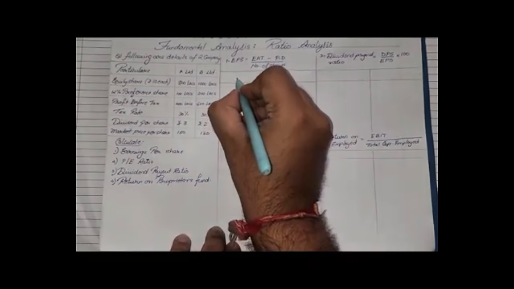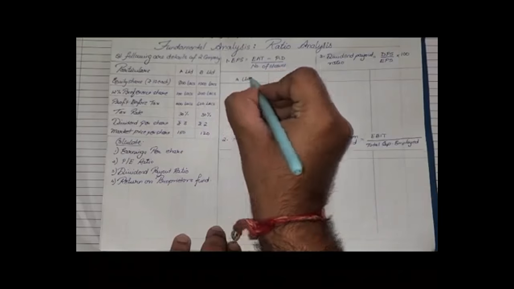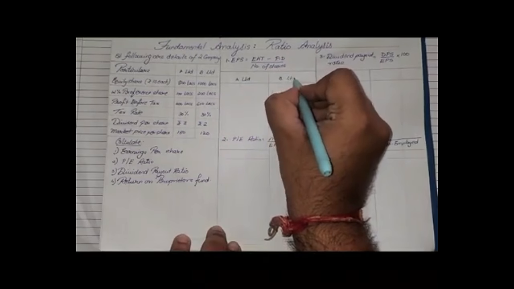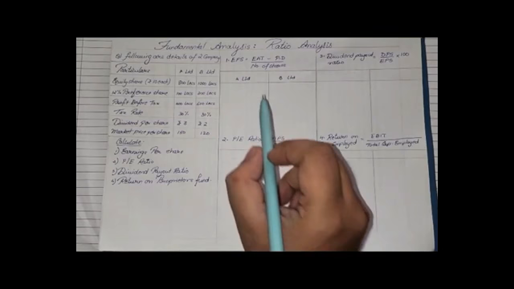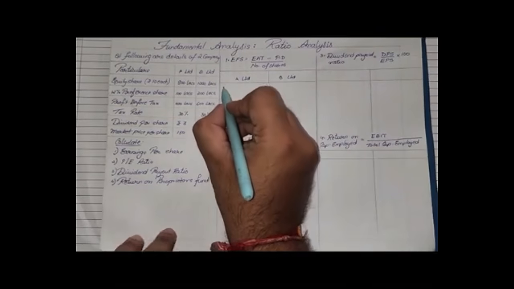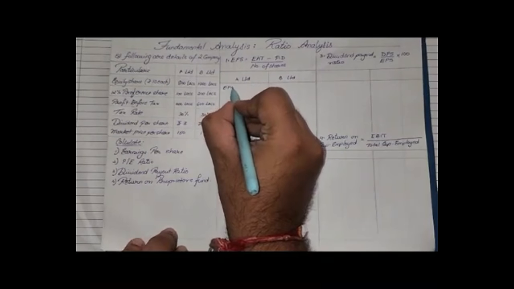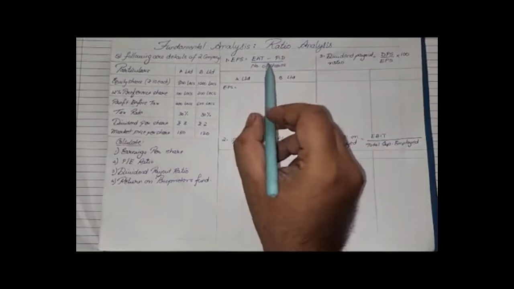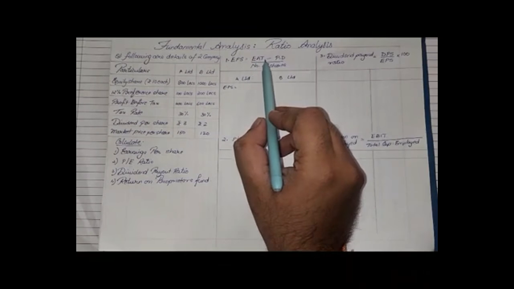So now let us see how we can solve. We need to solve for A Limited and for B Limited. First of all, in order to find the EPS of A Limited, I need to first find earning after tax. Now remember, in our question they are giving you profit before tax, or we can say earning before tax, but we need earning after tax.